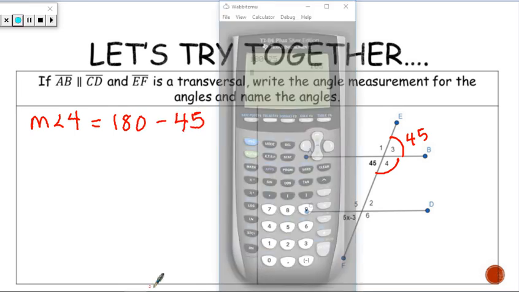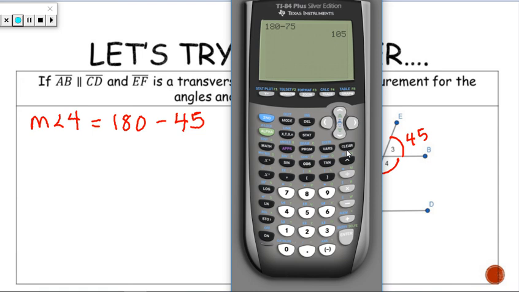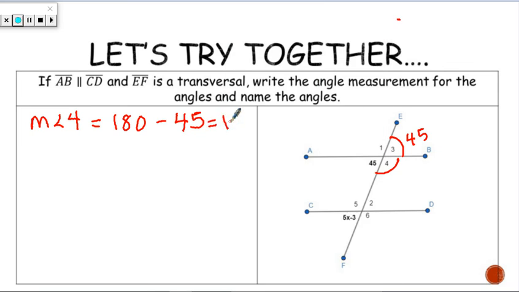You can grab your calculator, do the math with that. So you can put in 180 minus 45, which equals 135. So here, this is 135.